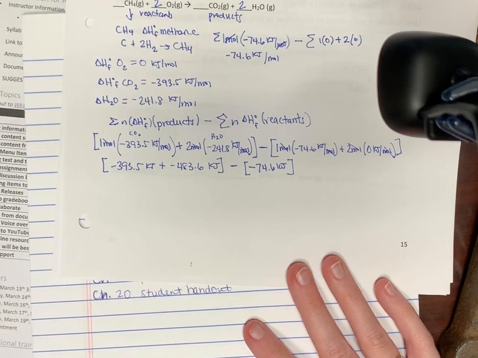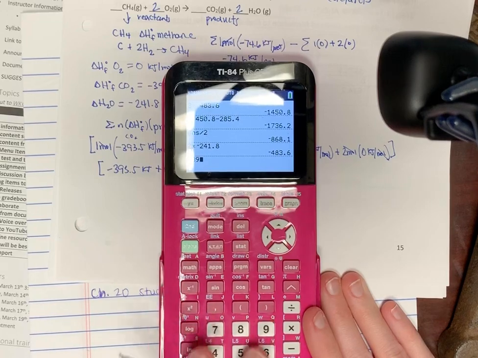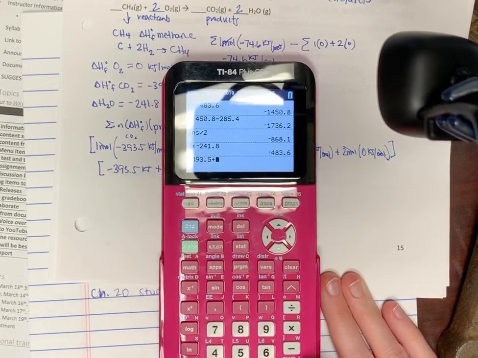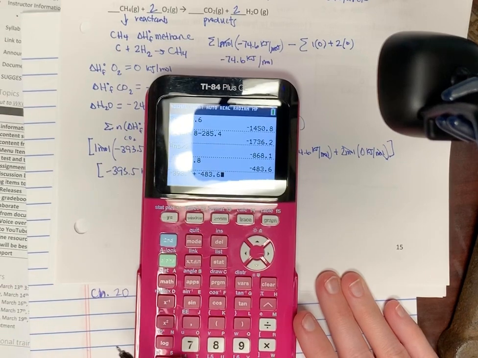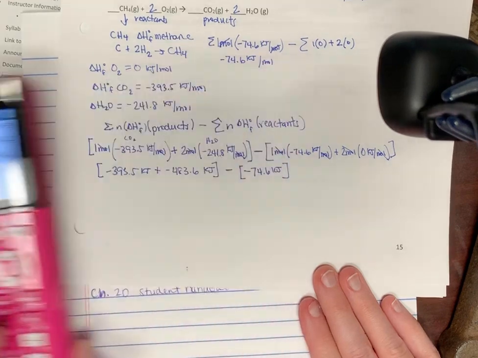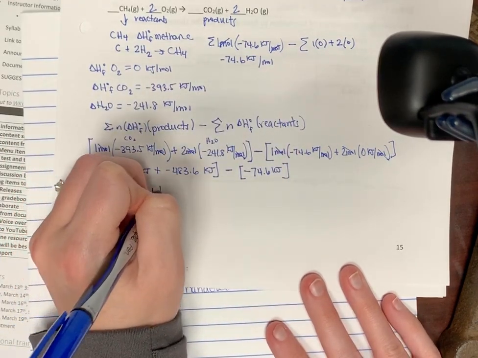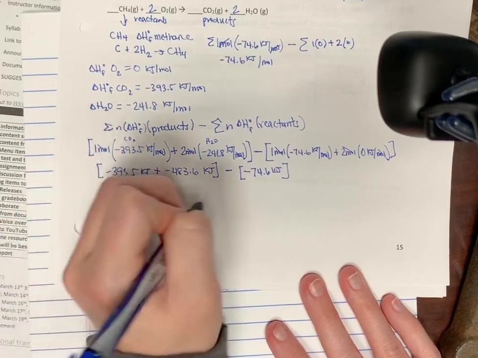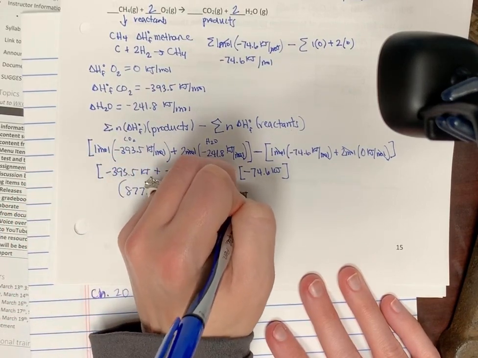This one still needs some work. So I'm going to say negative 393.5 plus negative 483.6. Again, if you just prefer to do subtraction, great, do it. But that's going to give me negative 877.1 kilojoules minus negative 74.6 kilojoules.